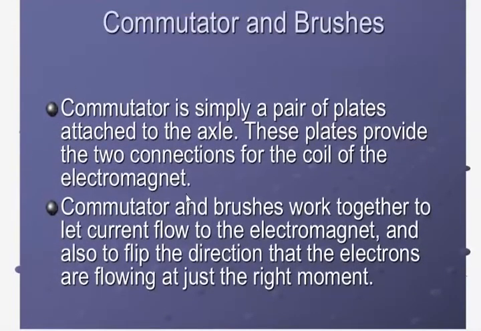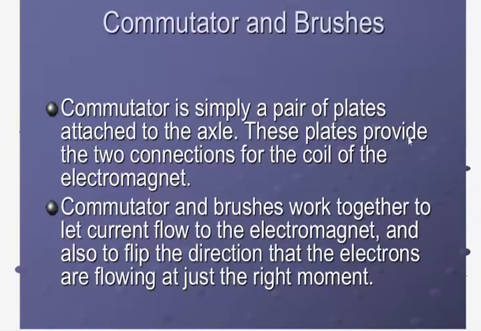For changing the poles of the electromagnet, a commutator is connected, and the basic purpose of the commutator is to change the poles of the electromagnet. The commutator is simply a pair of plates attached to the axle, or you can say rings.